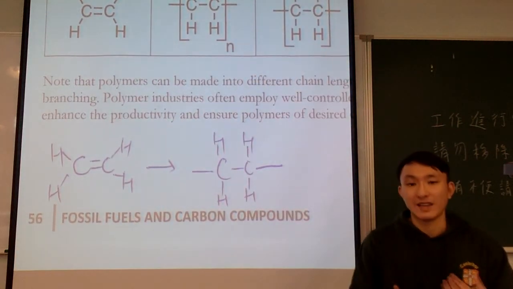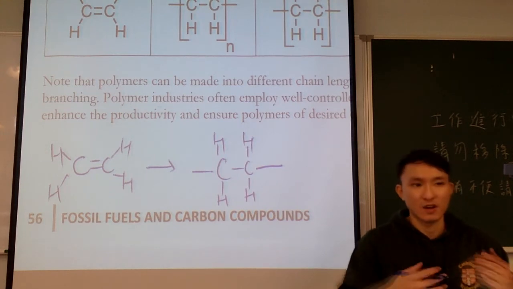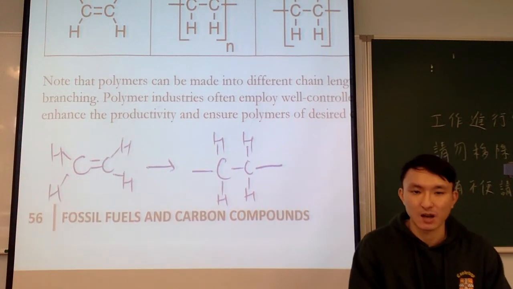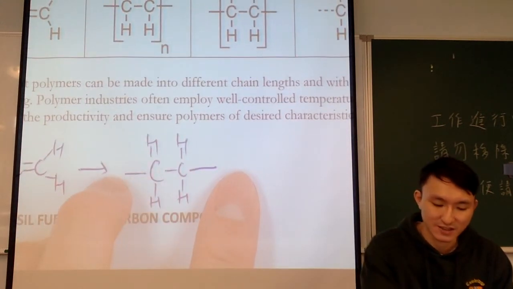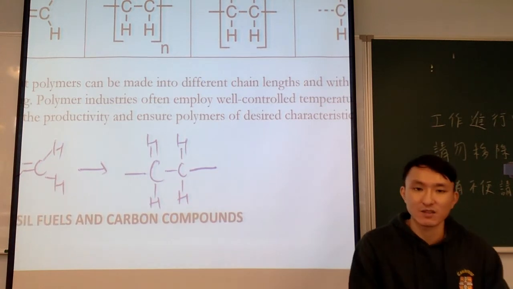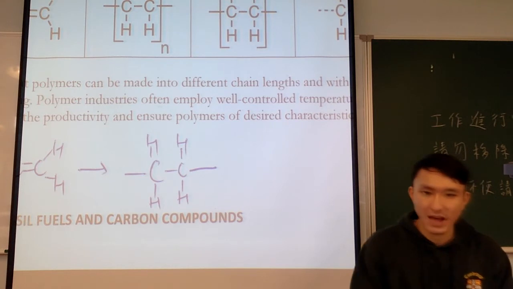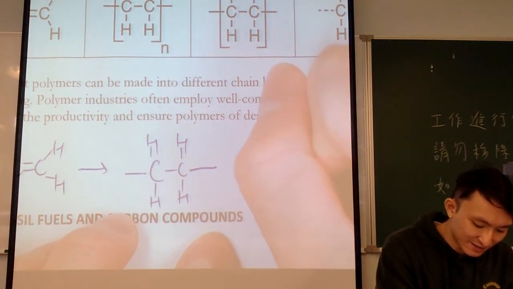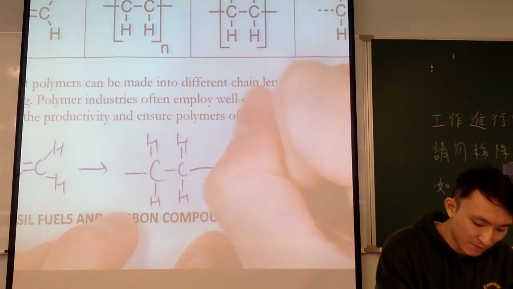In addition reaction, if we have hydrogen or chlorine or whatever reactant, it can be attached to the carbons at these two positions. However, in addition polymerization, we don't have any other reactants. What we have is only ethene. So chances are there is another ethene molecule doing the same thing, opening up the double bond.